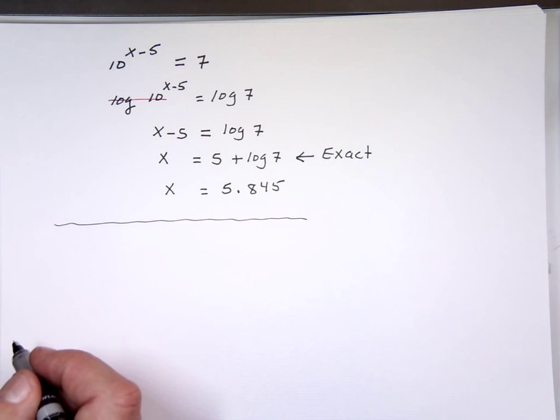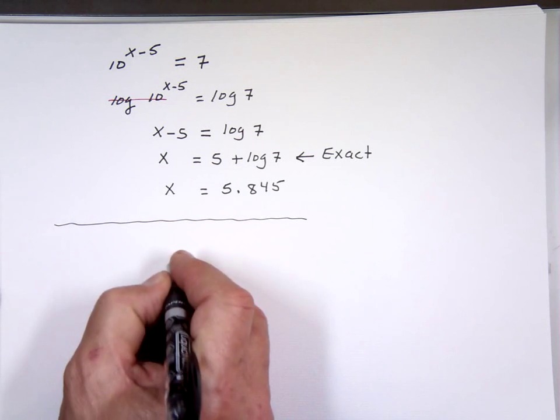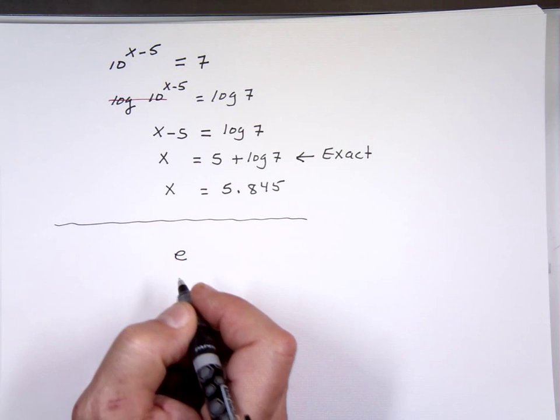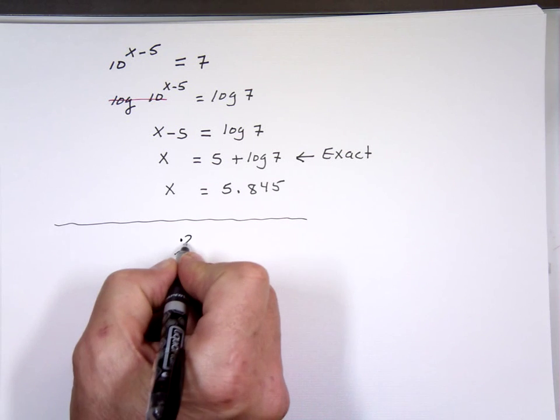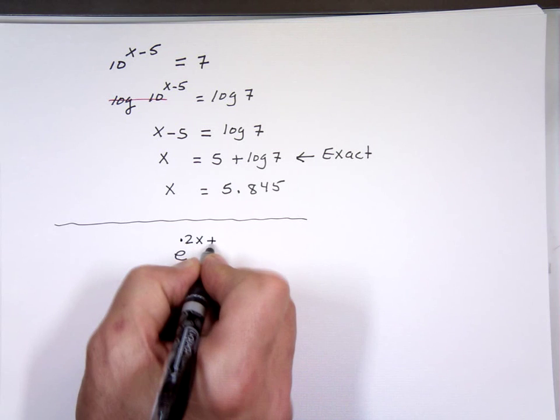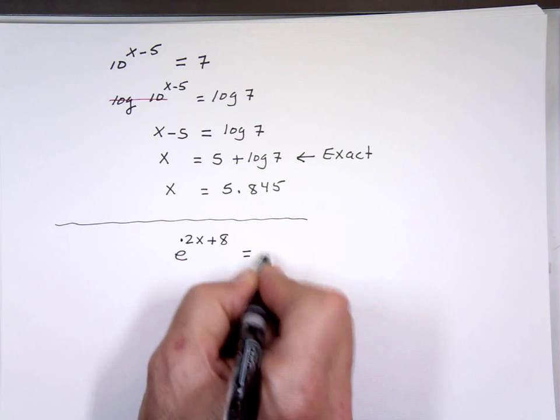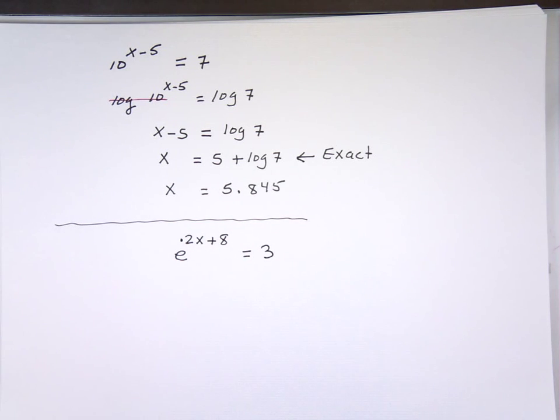If I have e to the power of 0.2x plus 8 equals 3. Solve for x. What do we do here?